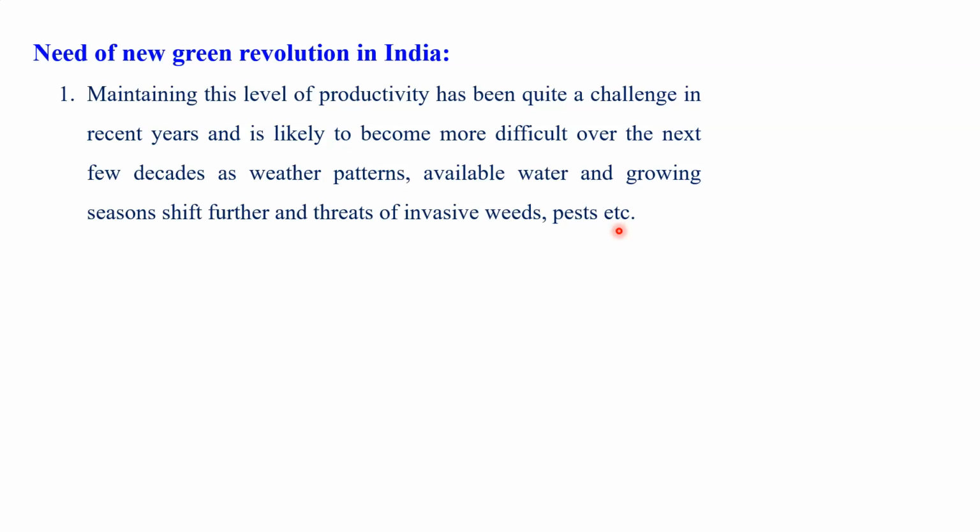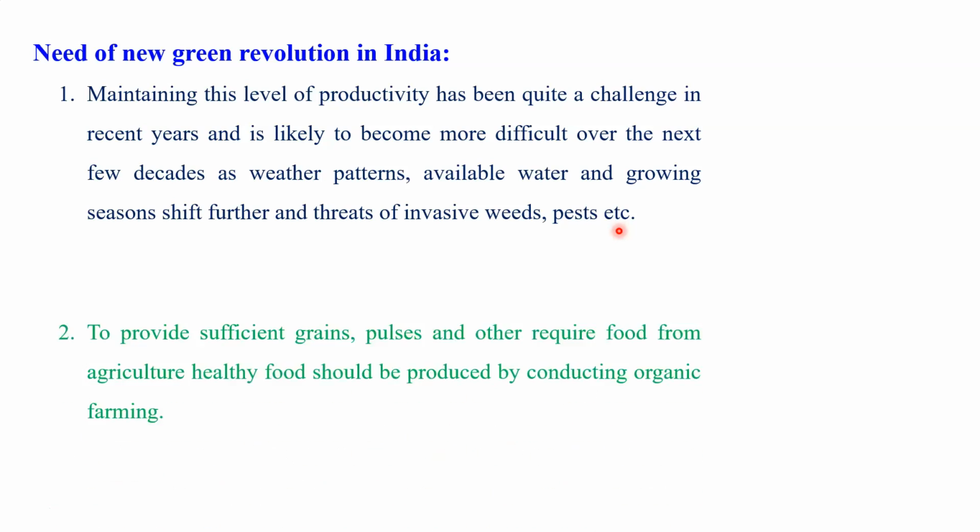There is not too much increase in the production of that agricultural product. So therefore, there is a need to do something different to increase the production, and that is possible through a new technique of agriculture, that is organic farming, and through organic farming we are able to do this, and for that purpose we require the new green revolution in India.